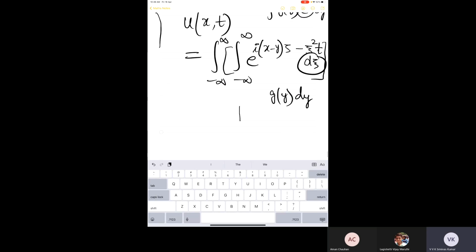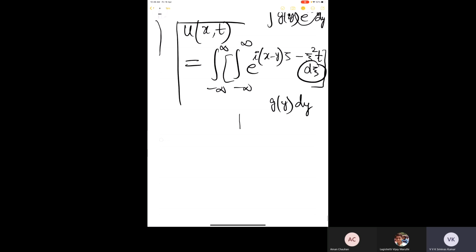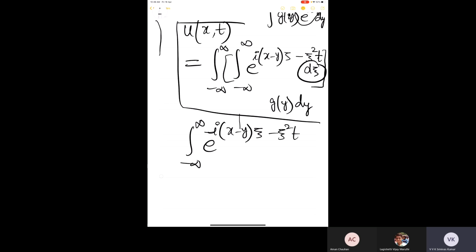Now what is left out? This we have already written: the representation of u of x, t is equal to this one. What is left is to find the integral from minus infinity to infinity of exponential of I times x minus y times xi, minus xi square t, d xi.